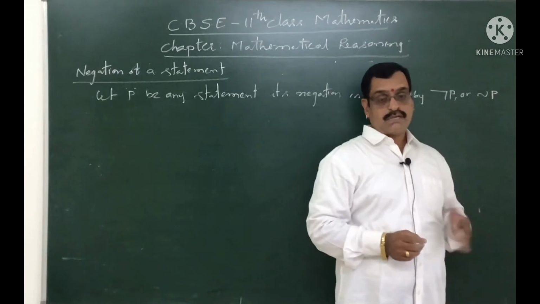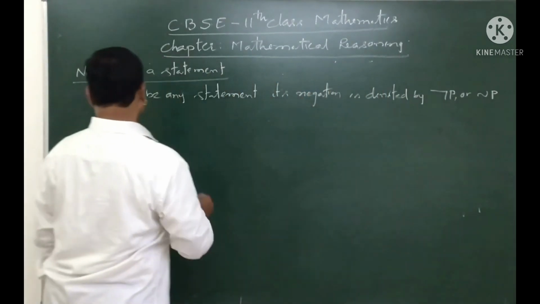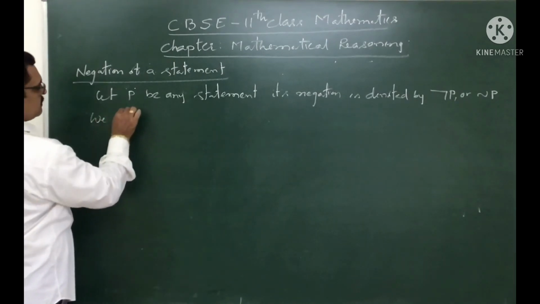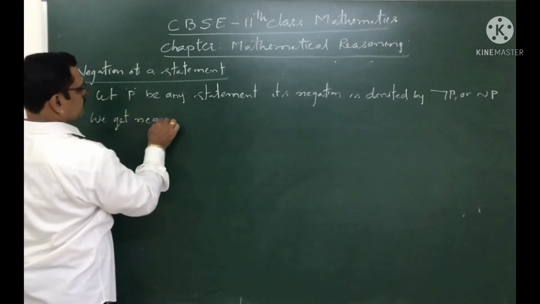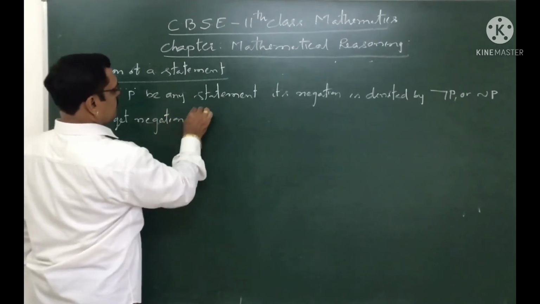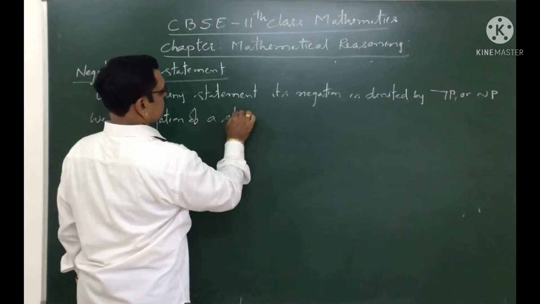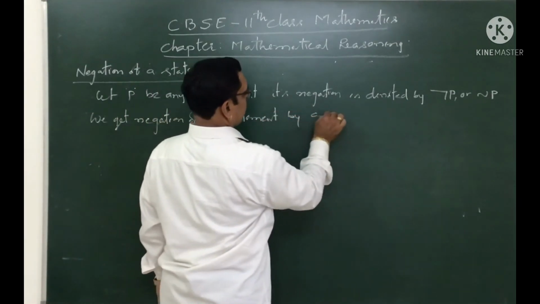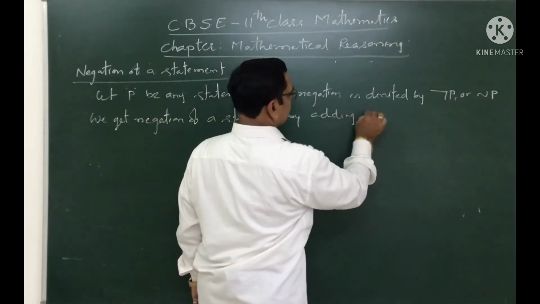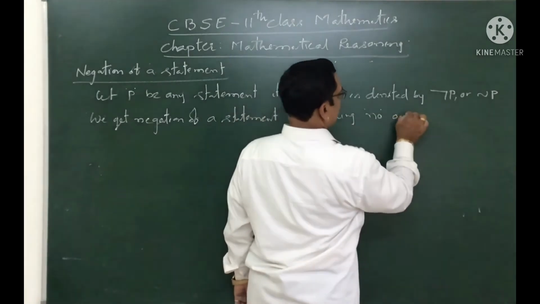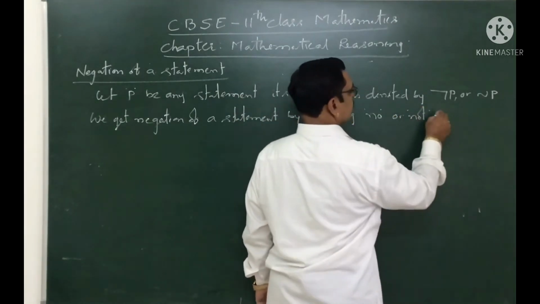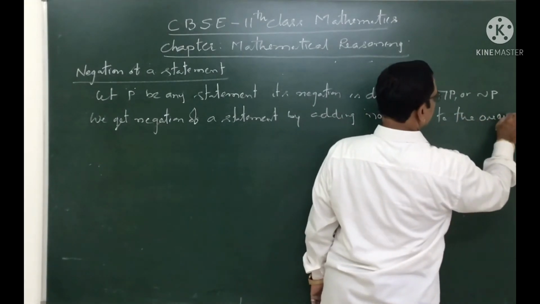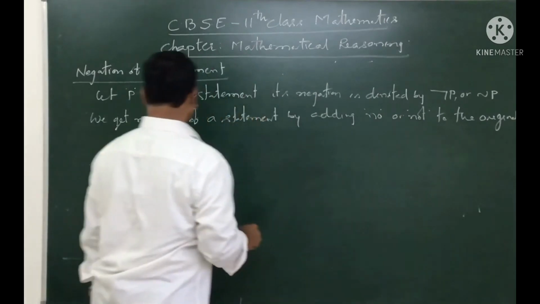Negation of P. How do we obtain it? We get the negation of a statement by adding no or not to the original statement.